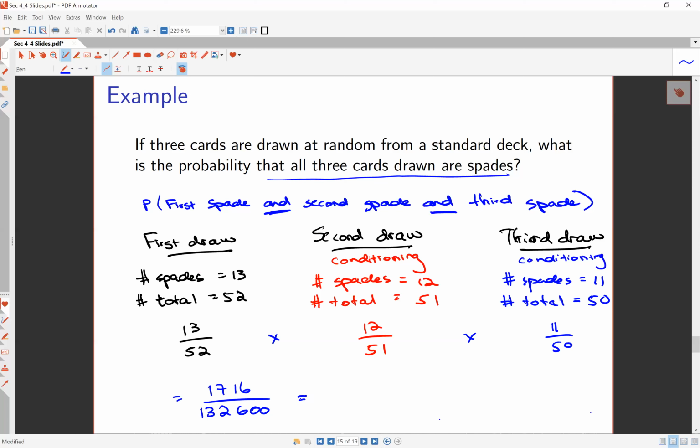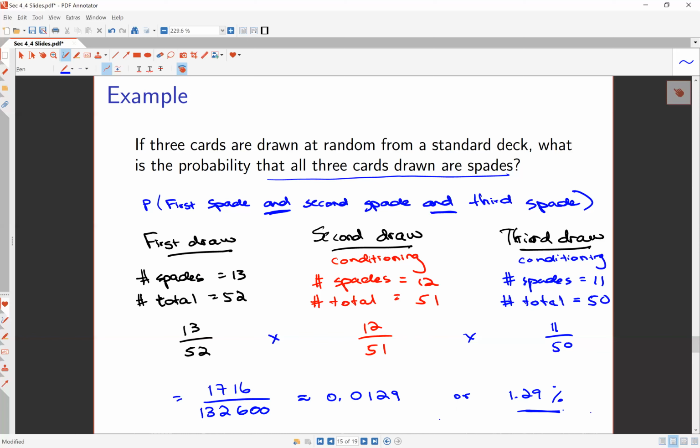This will be approximately 0.0129 or 1.29%. So really small probability, not impossible, but just larger than 1%, the probability that 3 random cards drawn in a row are all spades.